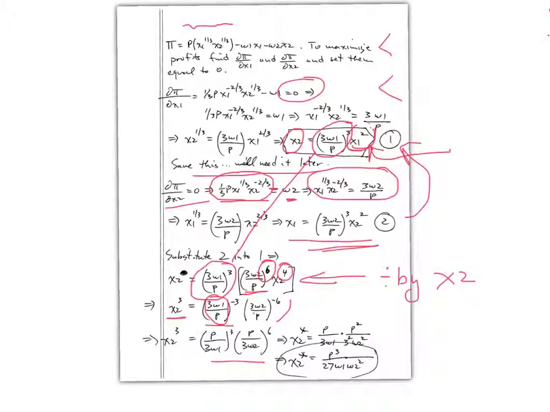And then, when all is said and done, I could raise everything to the third power. But since we have nice powers here in relation to the third, I could, before I gathered all those terms, simplify those exponents first and just take everything on the right-hand side to the third power and take this to the third power. And if I do that, I end up with x2 equals p times p squared.